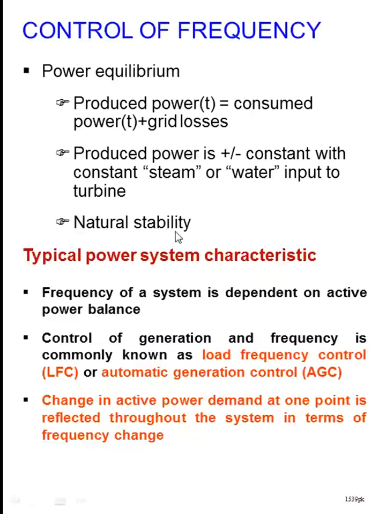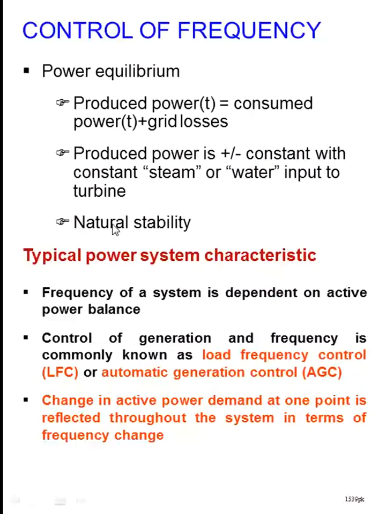This is very simple: whatever power is produced meets the demand and the grid losses, according to the amount of steam inlet or water inlet to the turbine. That forms the basis for natural stability.